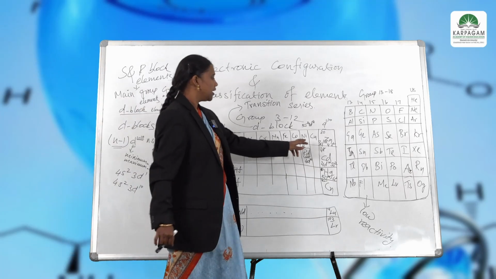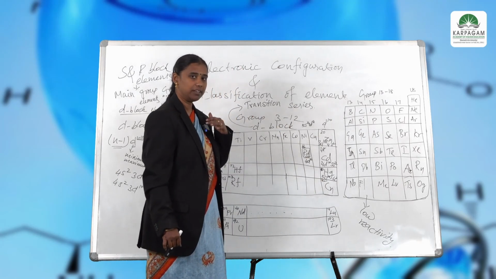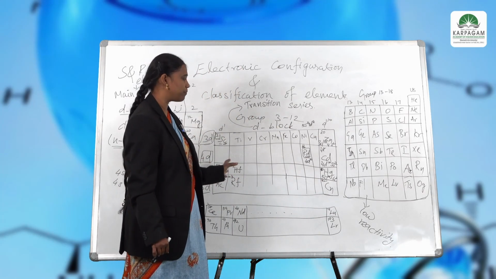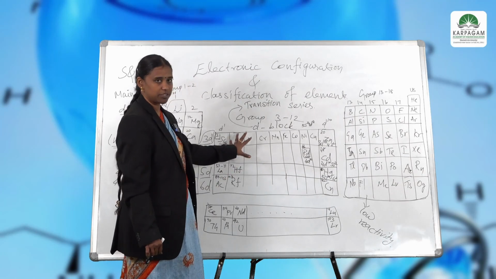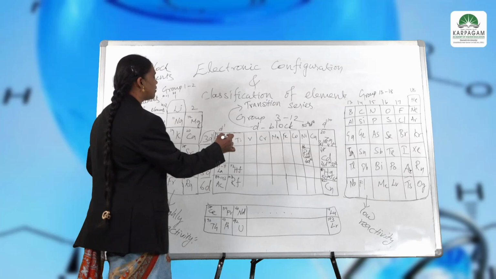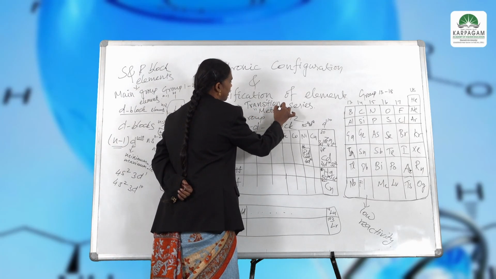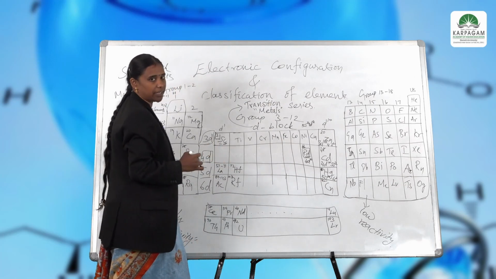So zinc, cadmium and mercury's reactivity is relatively low compared to other elements present in the d block elements. In d block elements, all elements come under metals.